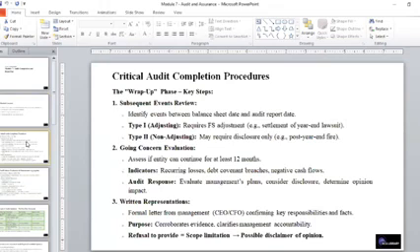Let's look at critical audit completion procedures, and this is actually the wrap-up phase. To do this, the following key steps are very important. The first one is subsequent event review. That is, the auditor has to identify events between the balance sheet date and the audit report date.